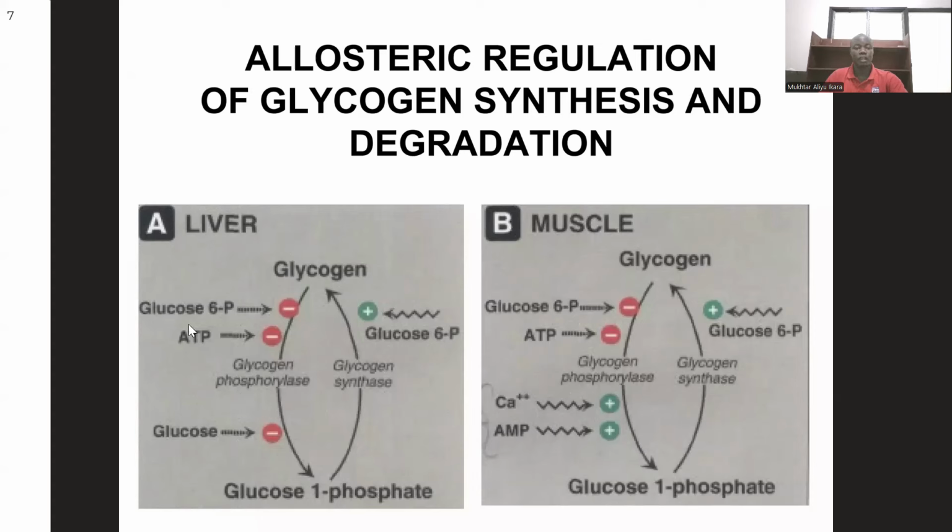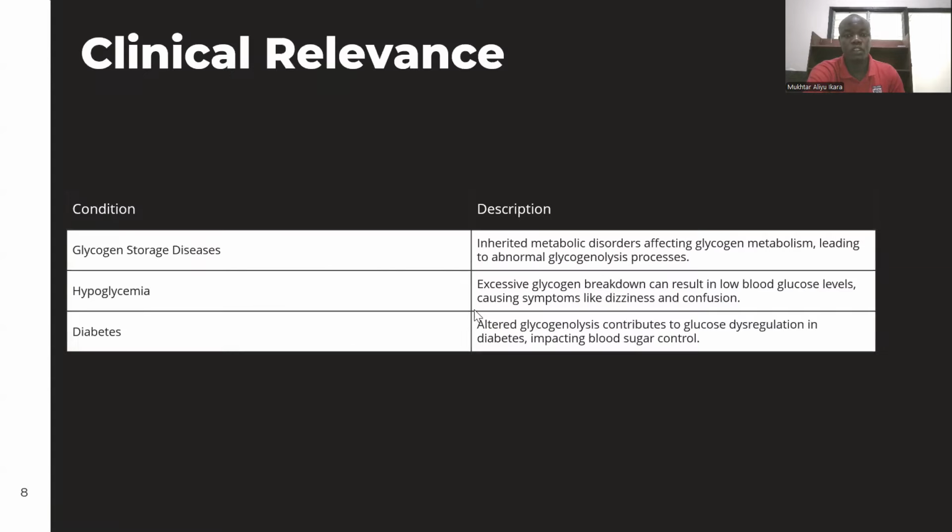And of course, in the liver, glucose 6-phosphate and ATP are negative regulators of glucose 6-phosphatase, and glucose 6-phosphate is also a regulator of glycogen synthesis. So these are the allosteric regulators in the liver, as opposed to the muscles.